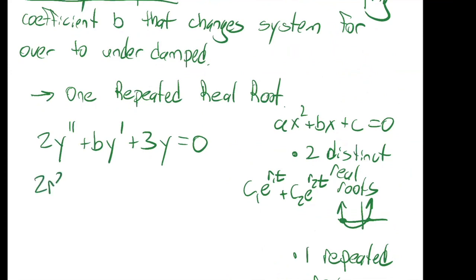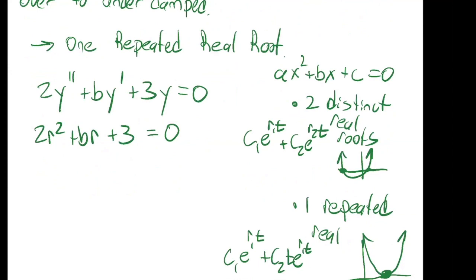So here, the characteristic equation is 2r squared plus br plus 3, where b is now an undetermined coefficient.